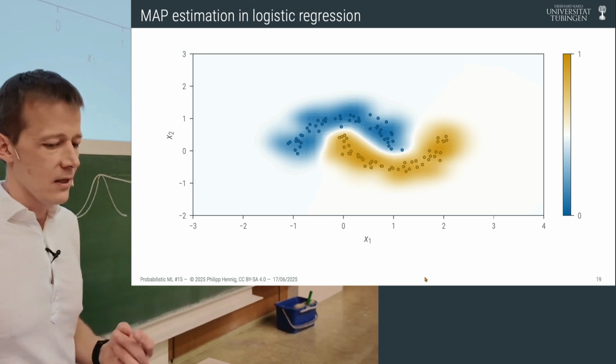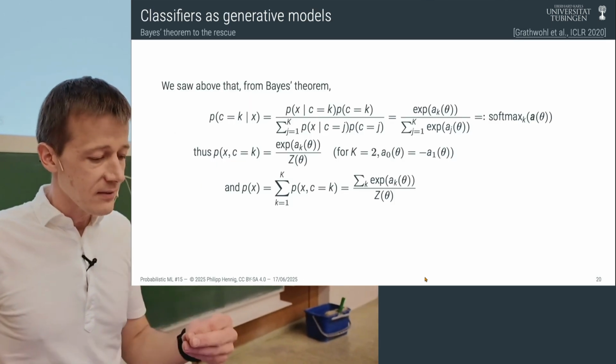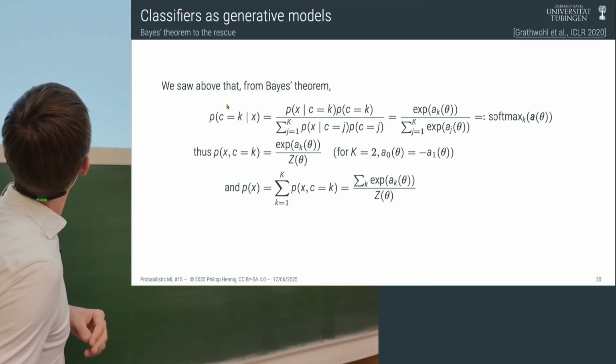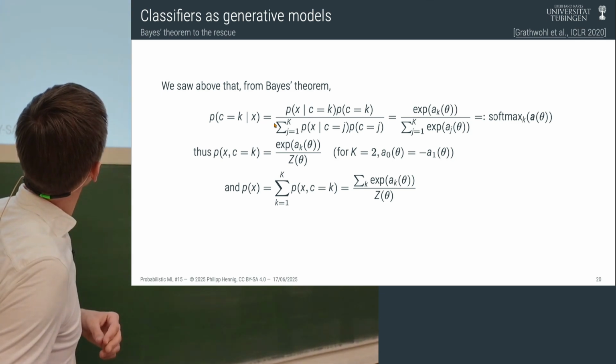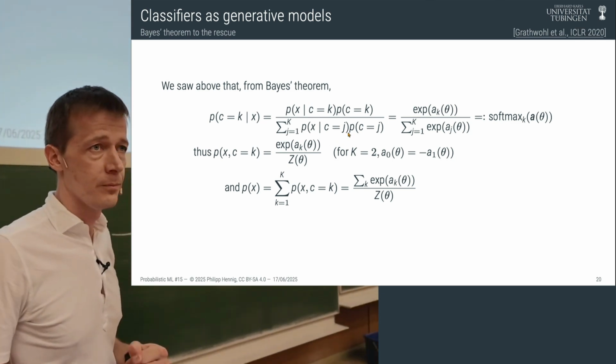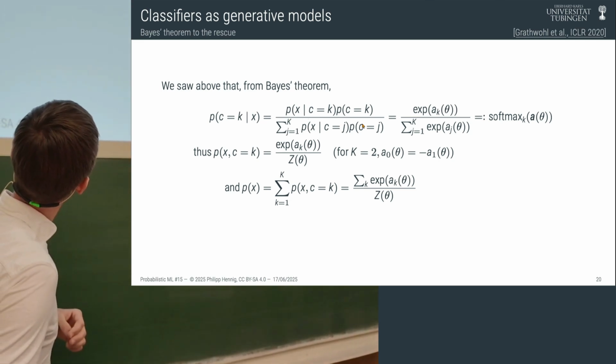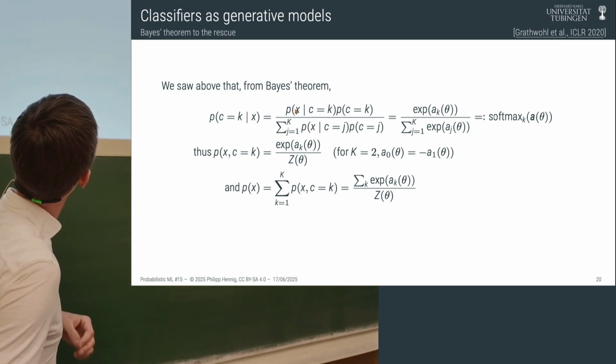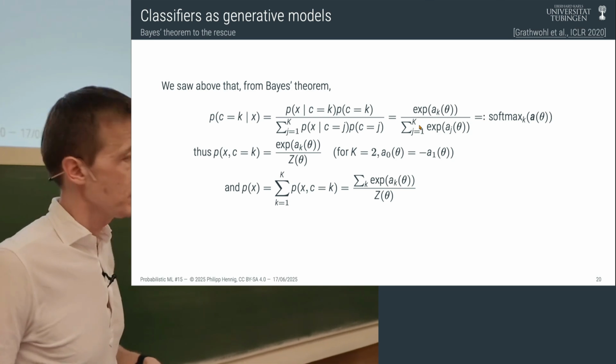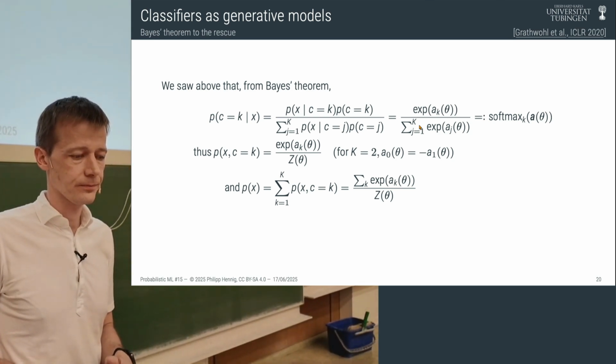Namely, that we've motivated this class label from Bayes' theorem. Right? So we've motivated this by saying we have a joint distribution over classes and inputs on which we can do Bayesian inference.